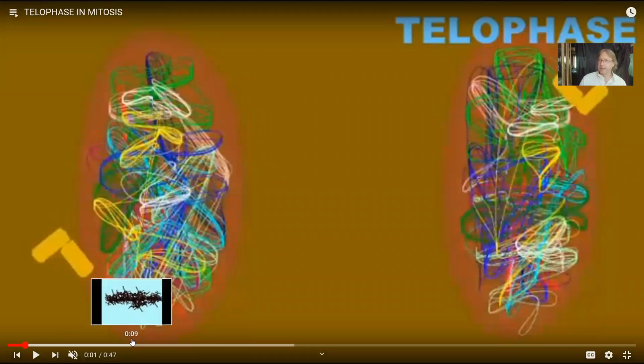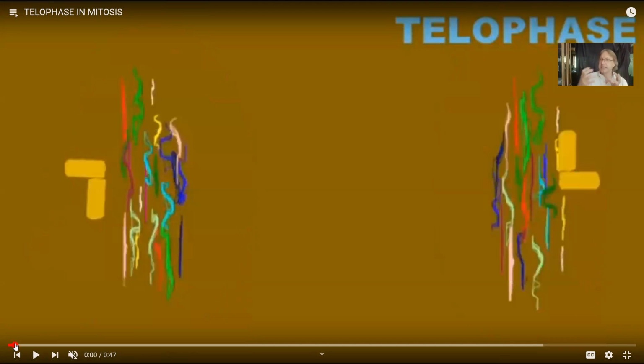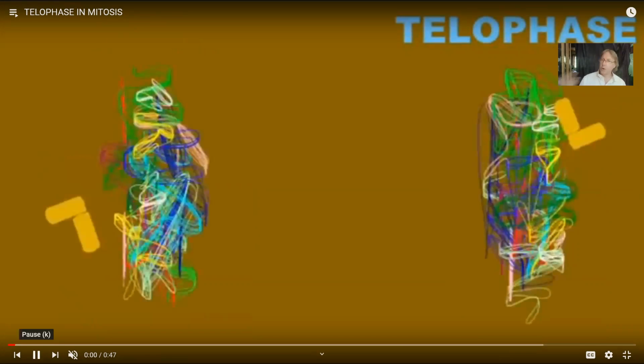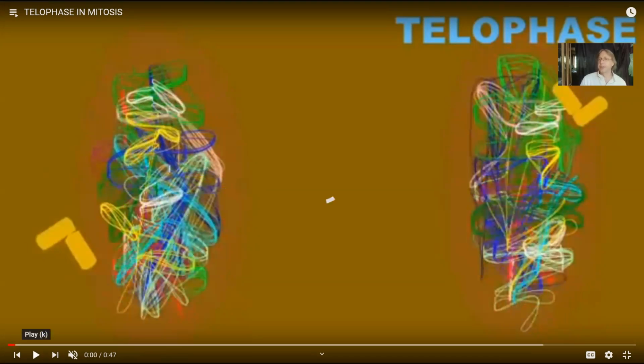The final phase, telophase, is essentially the opposite of prophase. What did we do in prophase? Well, we took unwound chromatin and we condensed it to form chromosomes. So what's going to happen here? Well, you're going to take highly condensed chromosomes and then unwind them to form chromatin. In prophase, the nuclear membrane had to be broken apart and packaged for later.